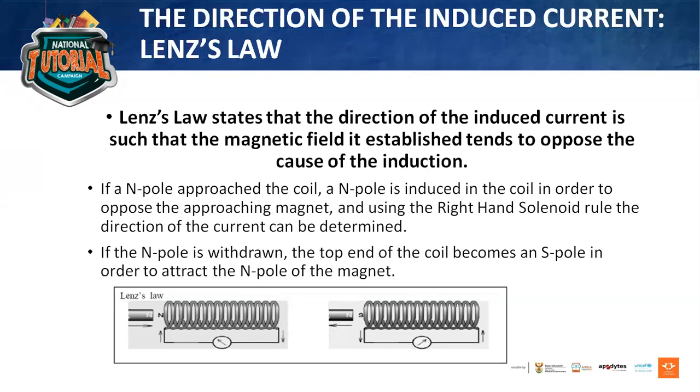So if an N pole approaches the coil, like we see here, an N pole is induced in the coil in order to oppose the approaching magnet. Using the right-hand solenoid rule, the direction of the current can be determined.